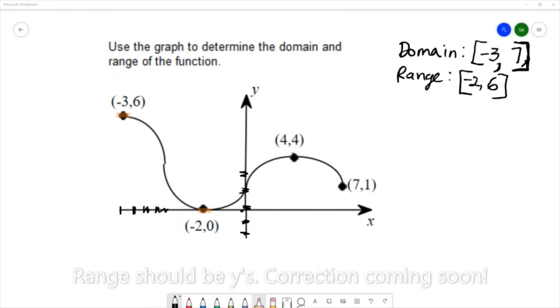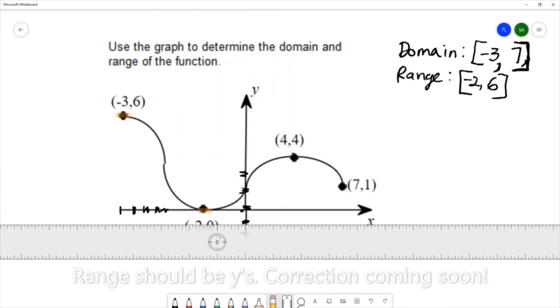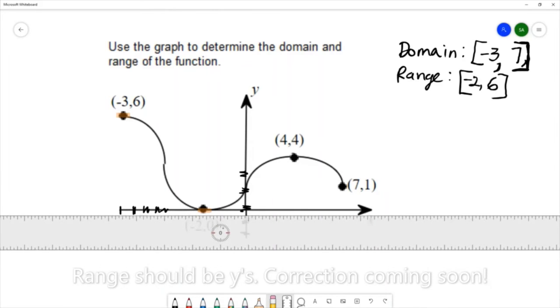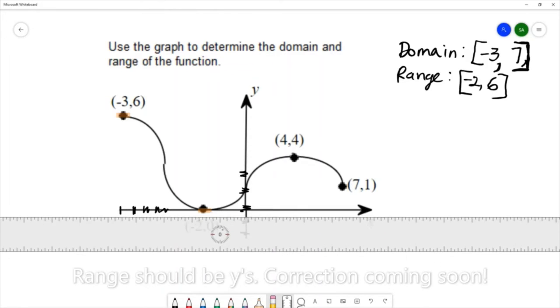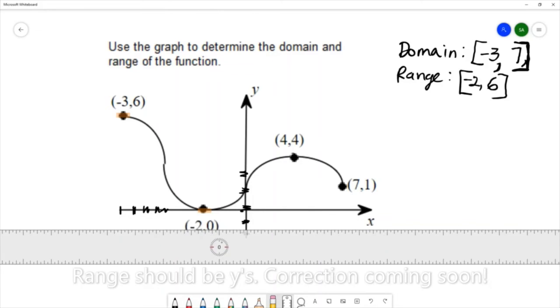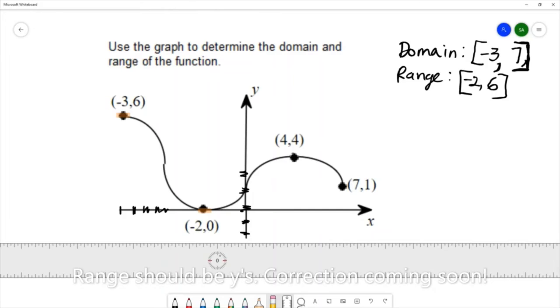Okay, so I just got pointed out that there's a mistake in my work here, and I just want to go back and explain what I did wrong. So when I went from bottom to top, I said the range starts right here because that's where the first time I hit the graph is, and the range are the y values. So I wrote down the x value of -2 when I should have written down the y value of 0.